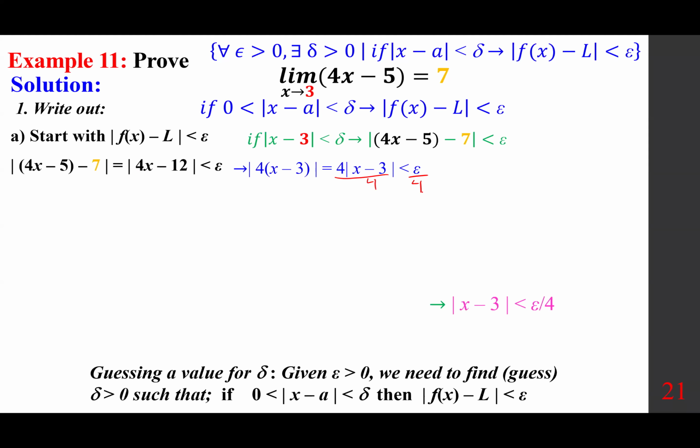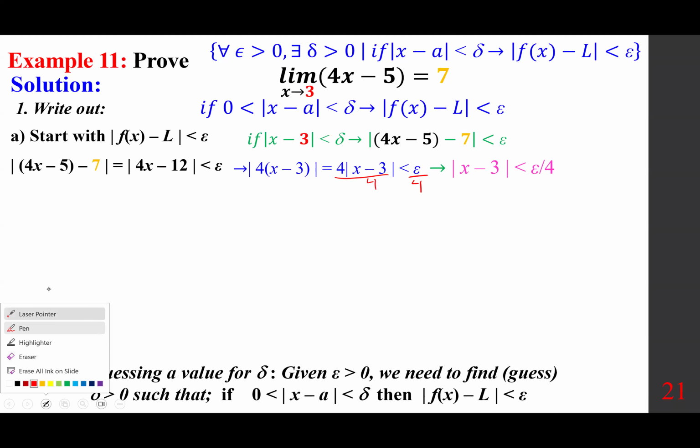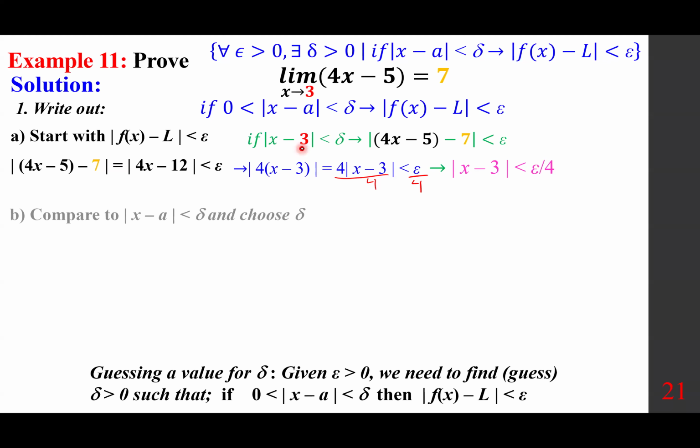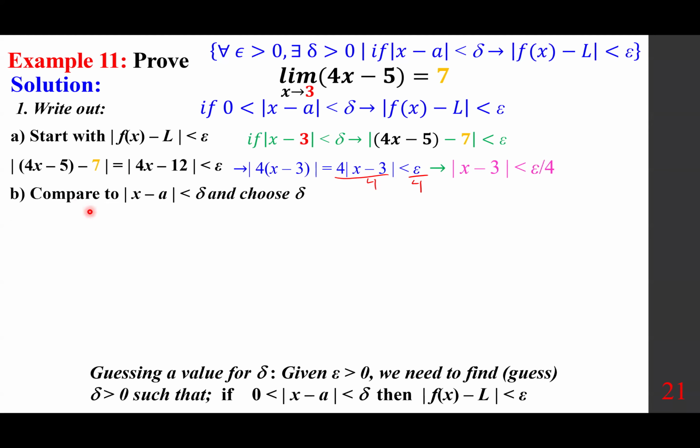Divide by 4. And now put this one next to it. So compare to the absolute value of x minus a less than delta and choose delta. So when we compare, what do we notice? If the left side is the same, the right side must be the same.